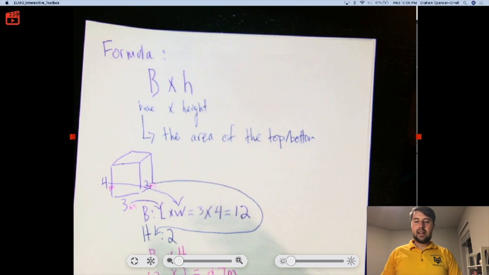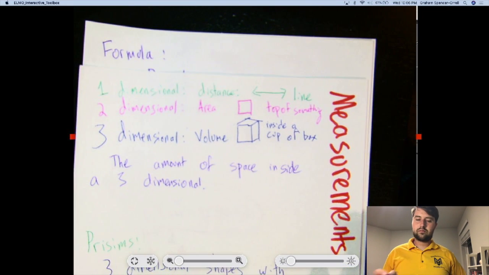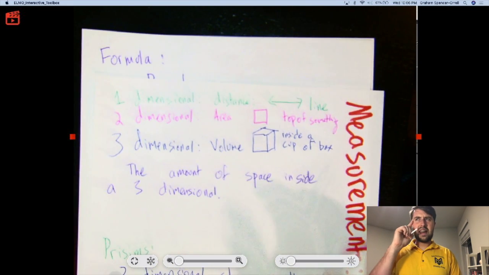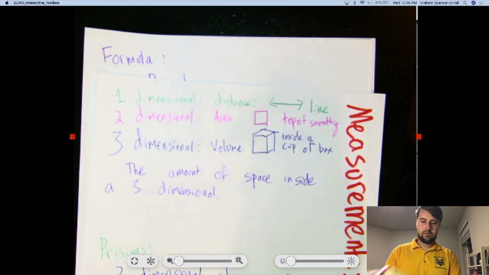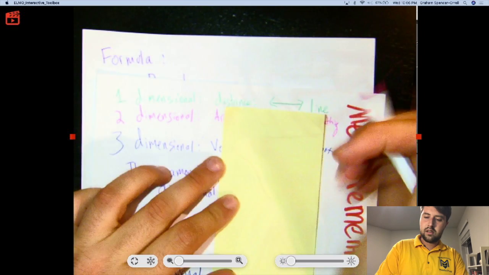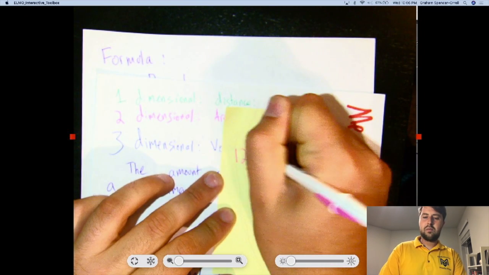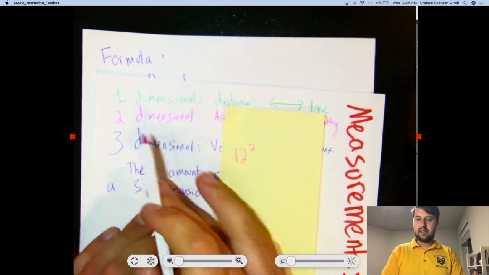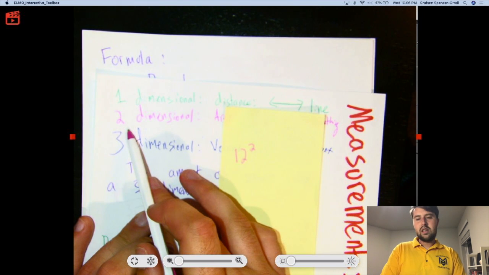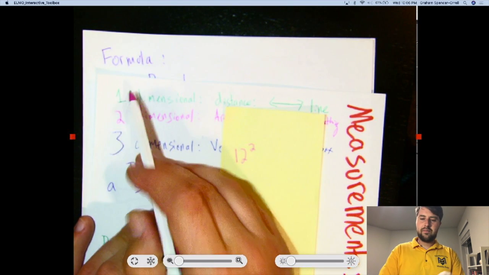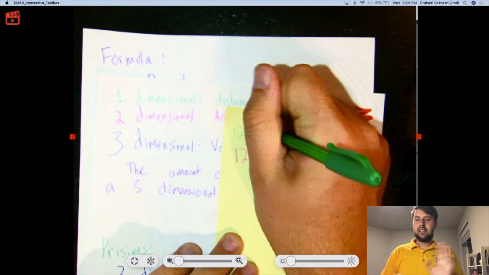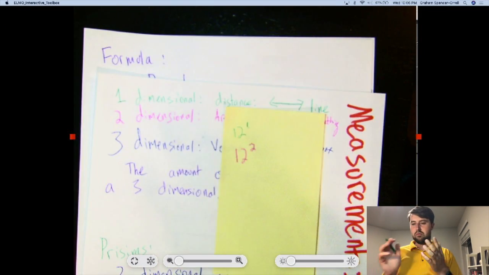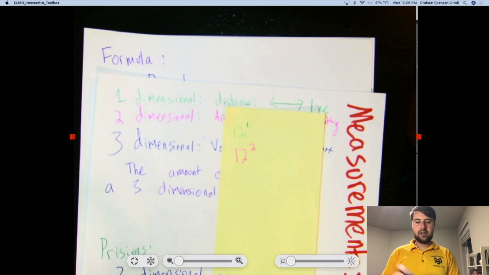Now, I'm going to jump back to where we were over here. Remember in area, how we had a number with the units squared, with that little 2 up there? Look at that, it's the second dimension. We didn't need the 1 for the first dimension, but you could, because that 1 just means we're in 1 dimension.